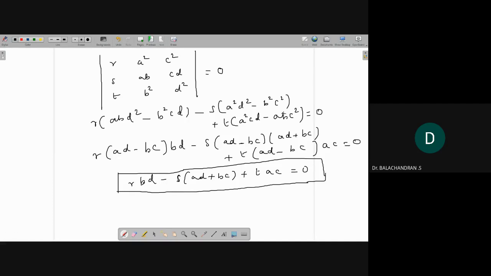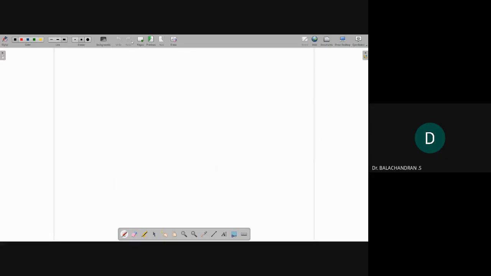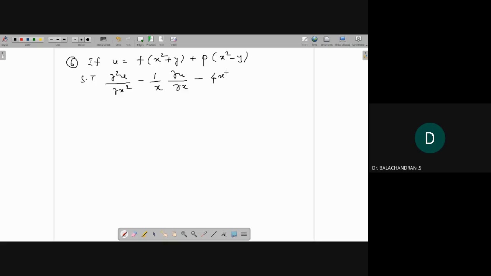If u equal to f of x square plus y plus some function of x square minus y, show that ∂²u/∂x² minus 1 by x into ∂u/∂x minus 4x² into ∂²u/∂y² equal to 0.